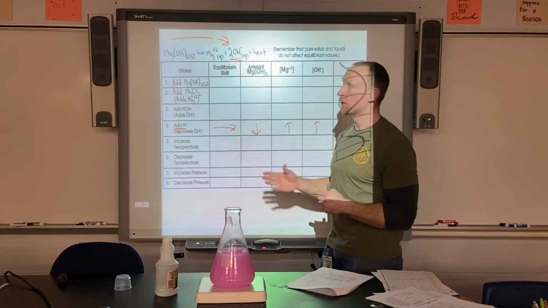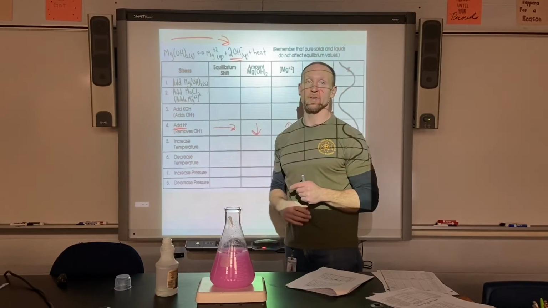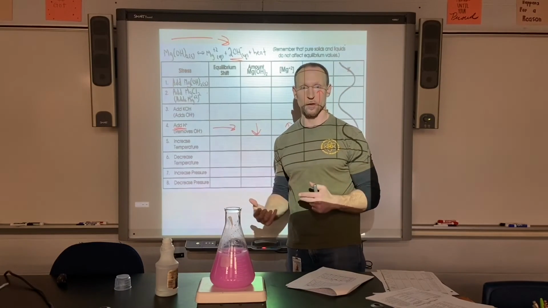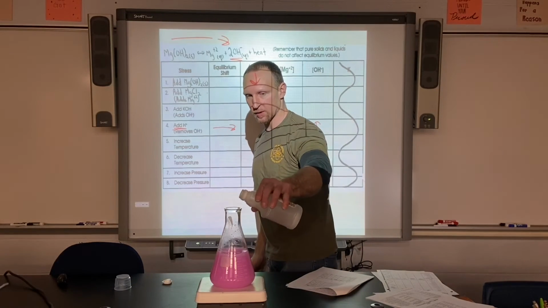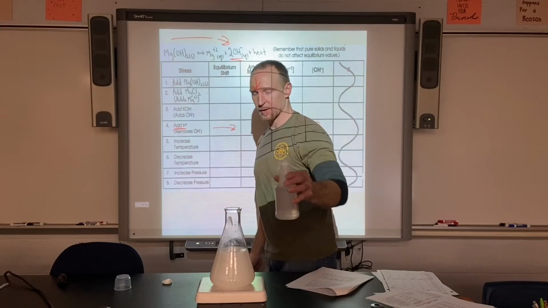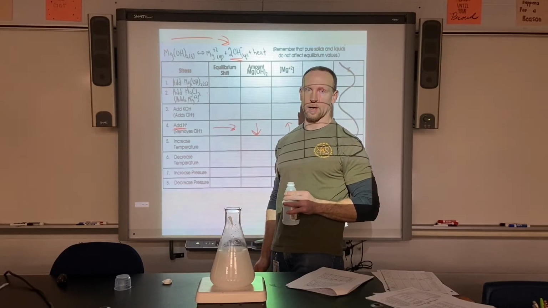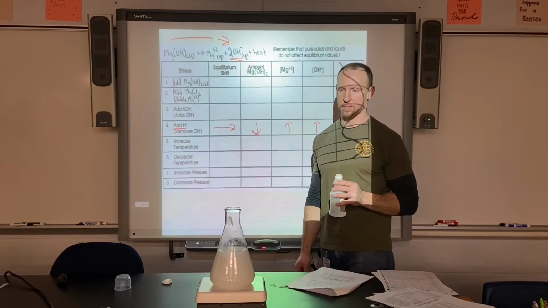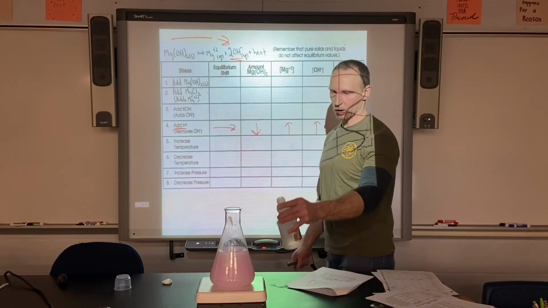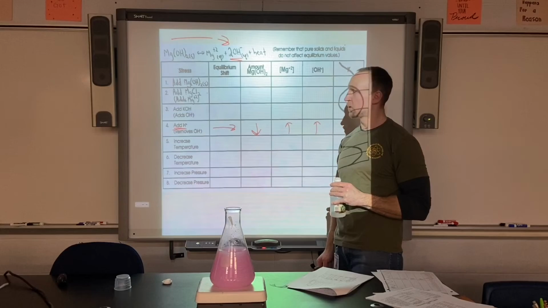But remember, these are not infinite amounts of substances that we're dealing with. I can use them up. So if I keep shifting and shifting and shifting, I can't do it forever, right? Watch what's gonna happen. As I keep adding more, look, it went back, it's shifting again.